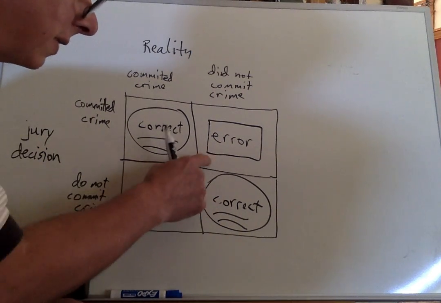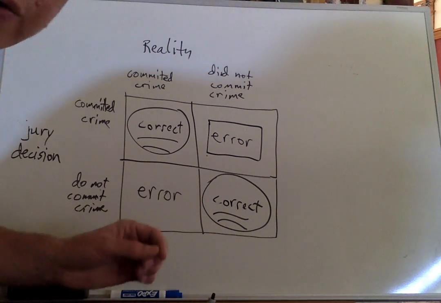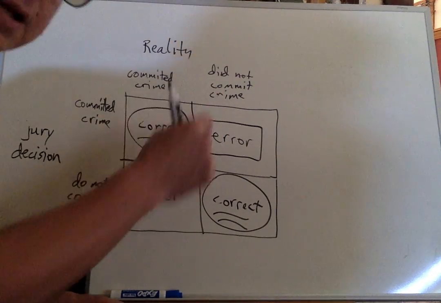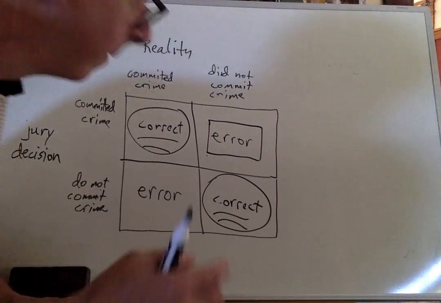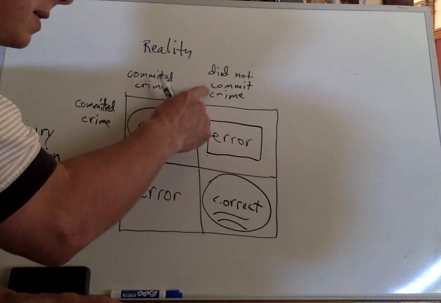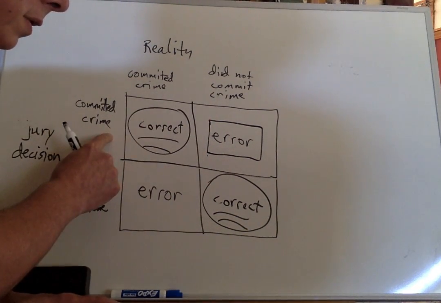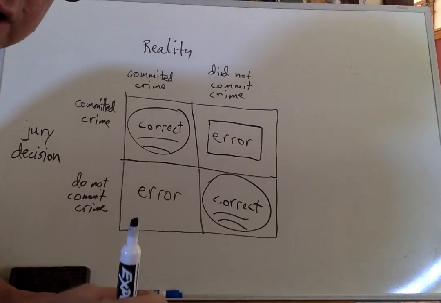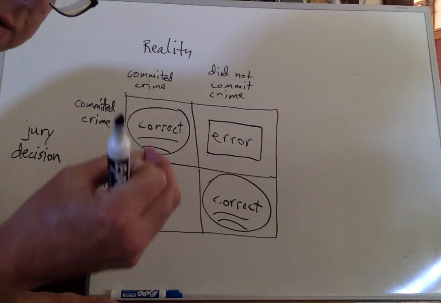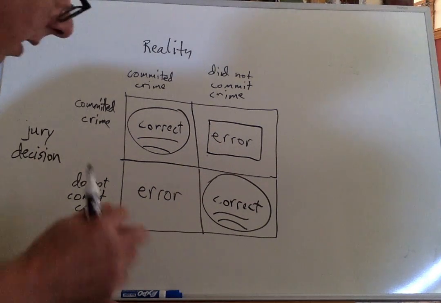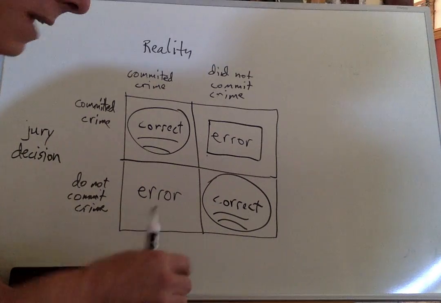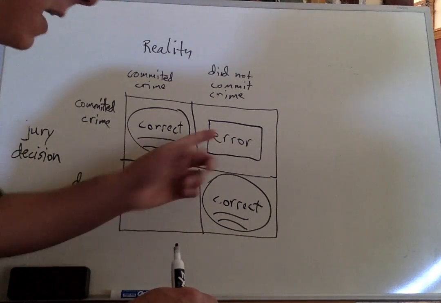If I'm going to make one of these errors, what do I want to avoid? I want to avoid putting an innocent person, like you, presumably, in jail. An innocent person in jail. In this country, that's the basis of our justice system. I don't want to let a guilty person free, but I don't want to put innocent people in jail. That's the worst error.